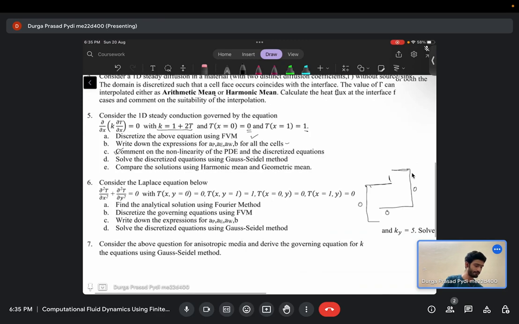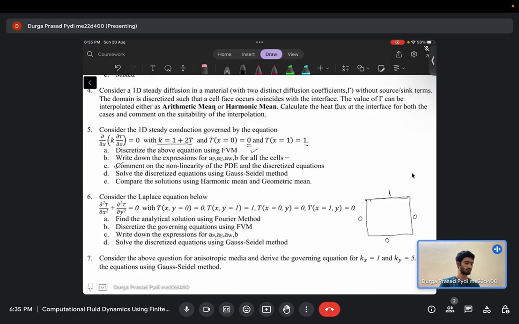Now since we have covered the equations part, we will go to the implementation part of it.